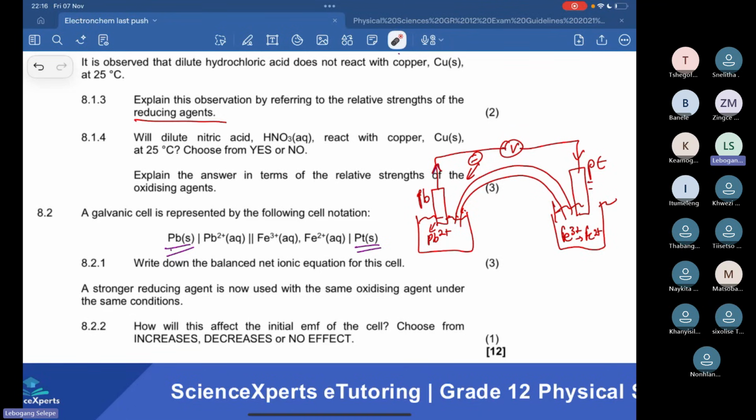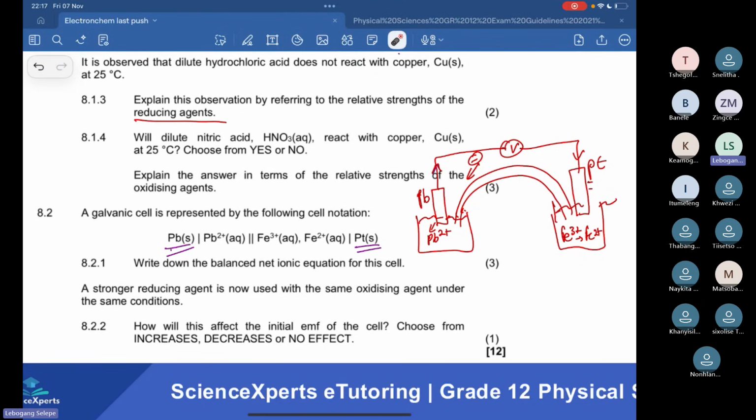I don't know who told you they only use it if there's gases, but it does work also if both of these remain aqueous. It's not always the case that we only use Pt if it's a gas. Yes, thank you.